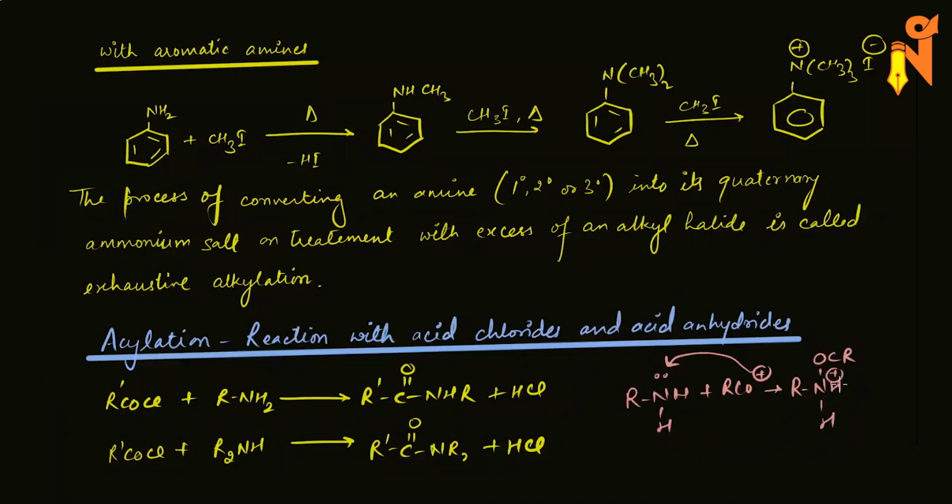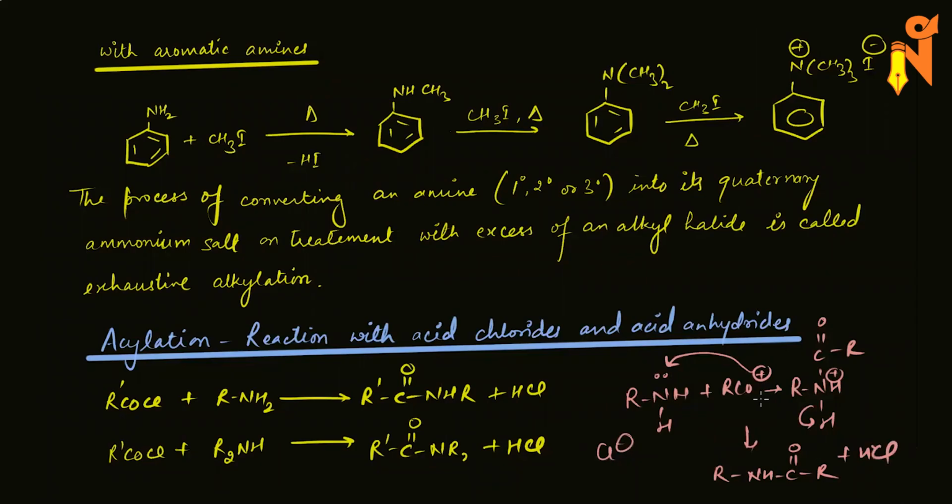Because it is not happy with the positive charge, it will kick out the hydrogen. My bad, I have written OCR. It's not OCR, it's COR. Just a second. This is C double bond O R. So here you'll get RNHCOR, and this H will come out as H plus, and the chlorine, the Cl minus part, will go and attach with it and will form HCl.